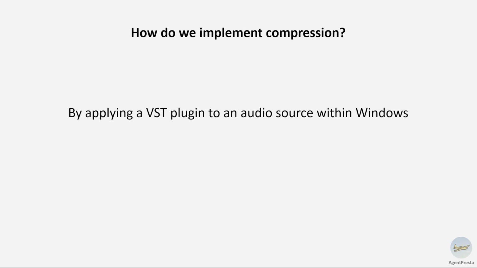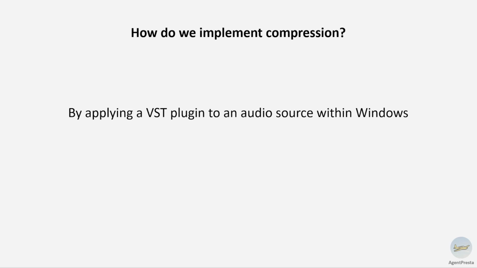So how do we implement compression? How do we take the audio that's coming out of an application such as vPilot and compress it? We use something called a VST plugin, and we pair that up to an audio source within Windows. Typically, VST plugins would be used within an audio application, where you'd apply it to a soundtrack.